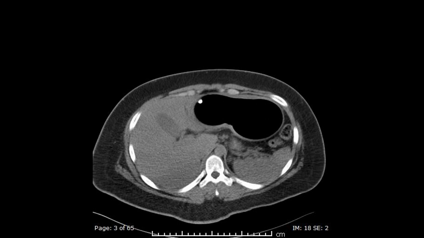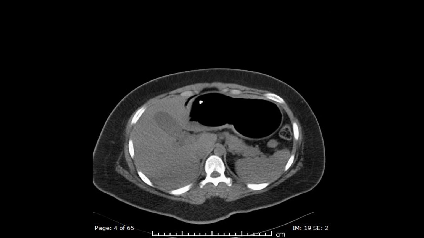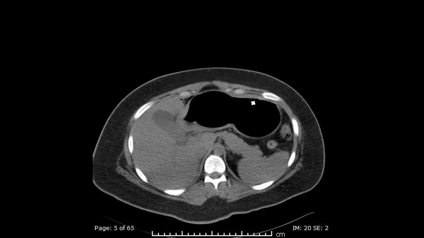This is the metallic part of one of the gastric balloons, and this is the second.